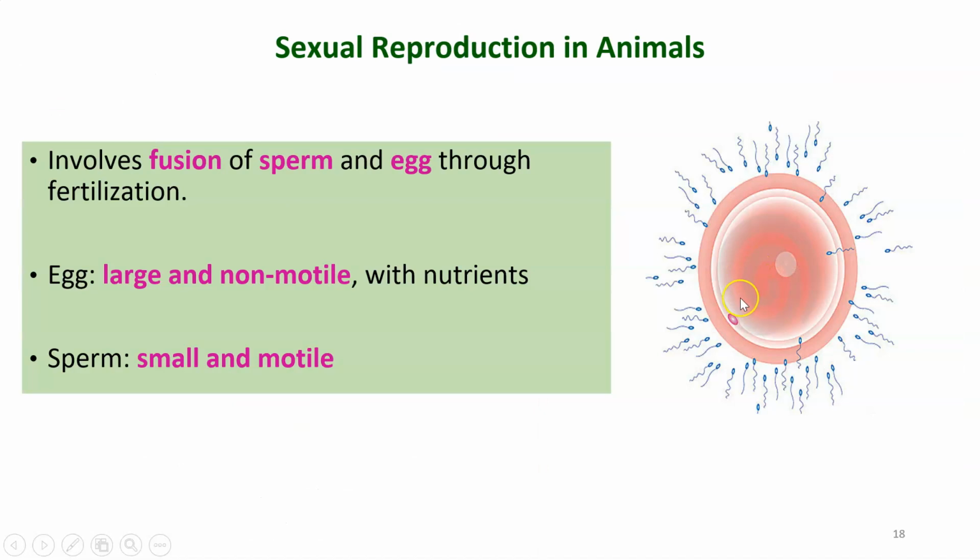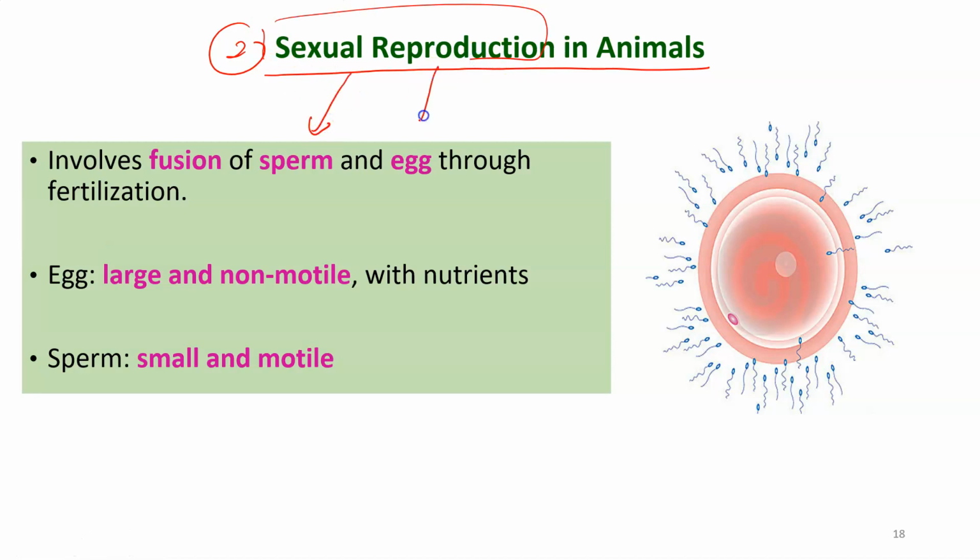Okay, so now we are going to look at sexual reproduction in animals. Earlier was asexual. It involves fusion of sperm and eggs through fertilization. So when we are looking at sexual reproduction, it must involve sperm and eggs that fuse together in fertilization.